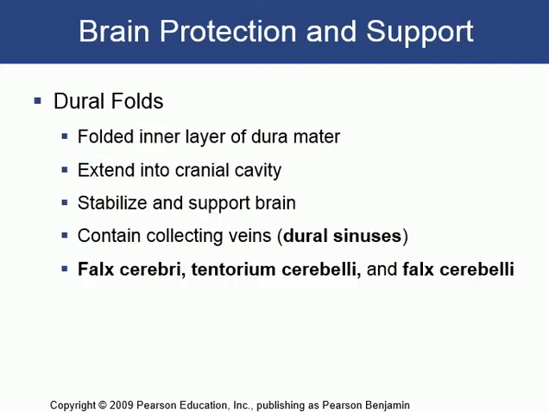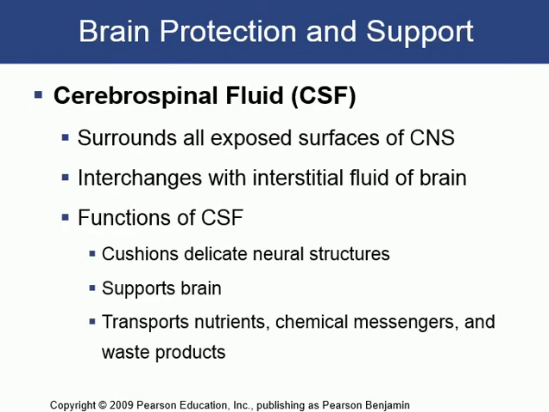So the dural folds, we talked about them, and they contain sinuses. And the ventricles contain CSF. Why do we have the CSF? Communicate between the different parts and carrying what? What does it carry? This is like the blood to the body. So it's carrying the good stuff to the brain and taking the bad stuff away from the brain.